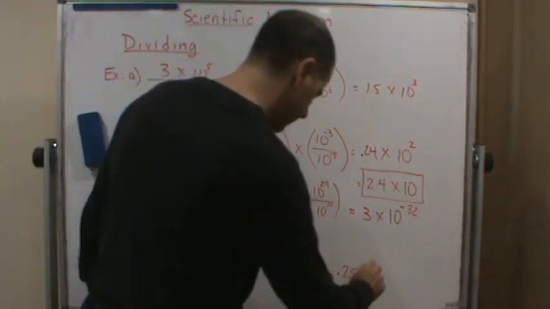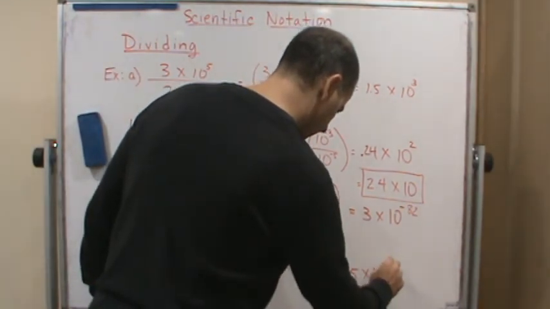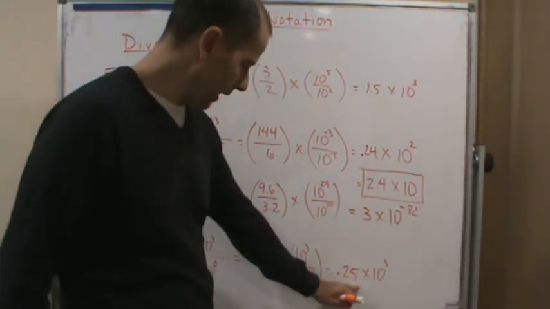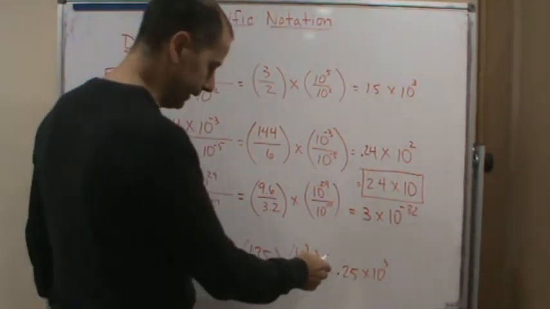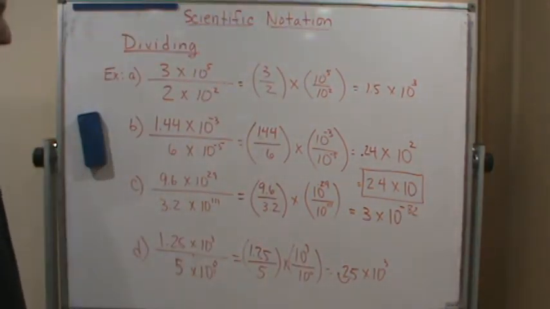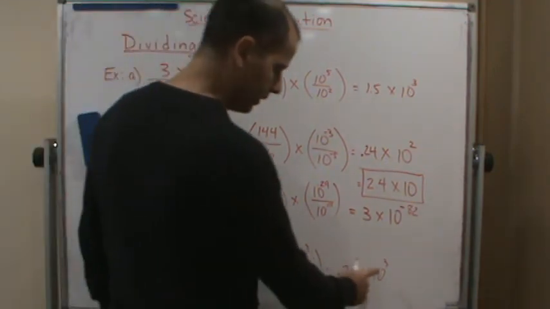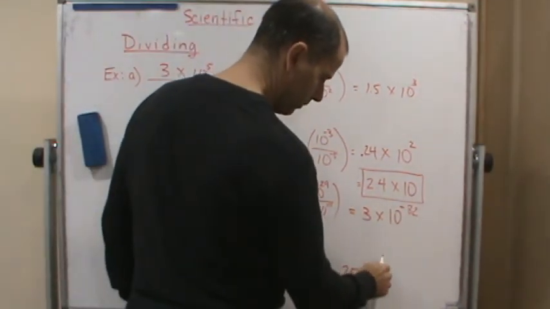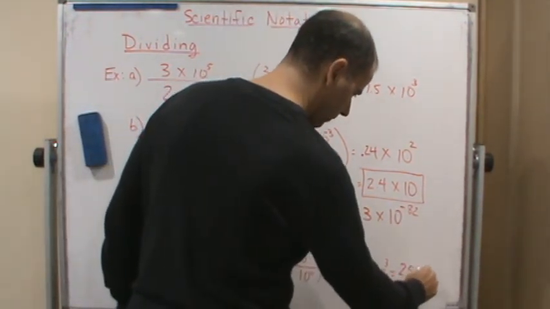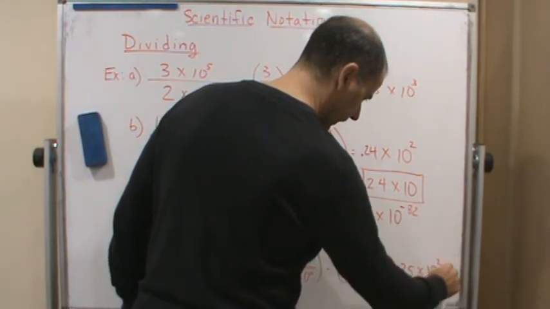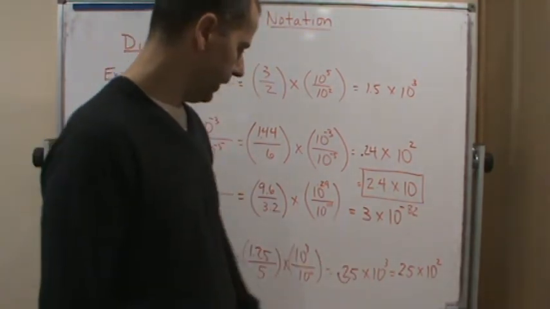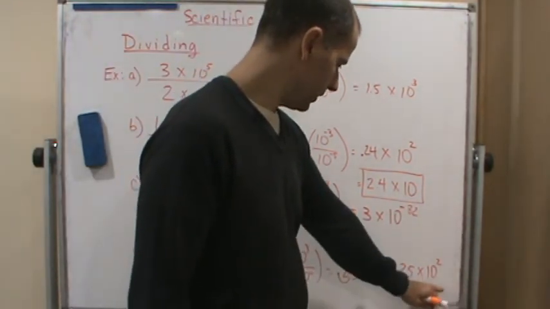And then over here we get times 10 to the third. So now here I've got to move the decimal point to the right 1 place value, right? Which means I have to reduce this by 1. Okay? So that means my final answer is going to be 2.5 times 10 to the second power. And again, 0.25 times 1,000 is the same as 2.5 times 100.